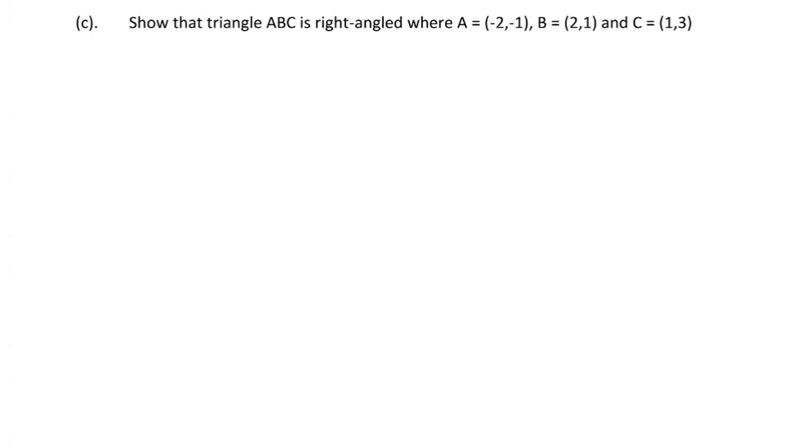Find the distance between points and apply the distances into the theorem to see if they obey. Okay, so let us sketch our triangle, and we have our point A here labelled (-2, -1). Our point B here is (2, 1), and here is C with (1, 3).